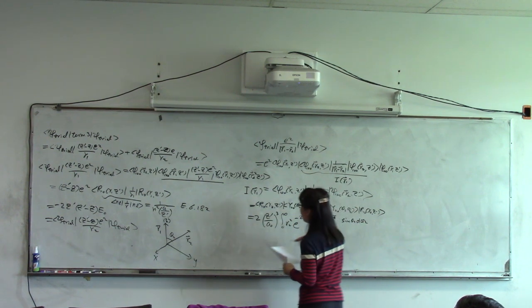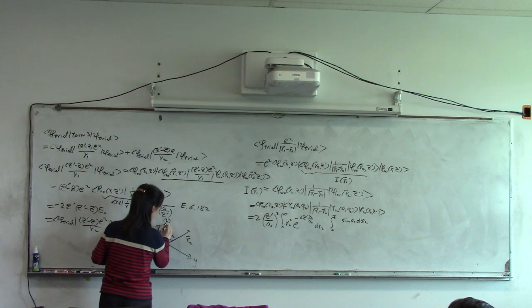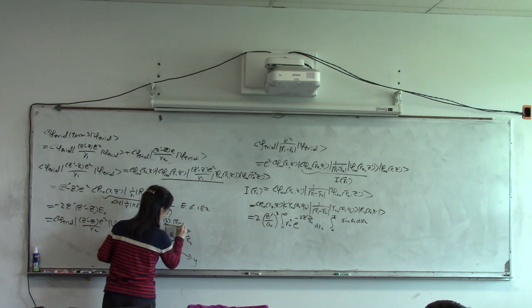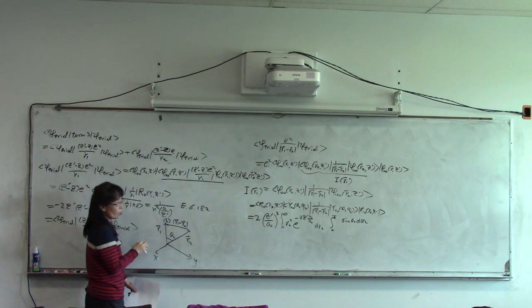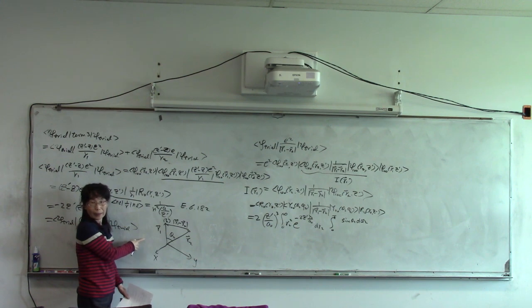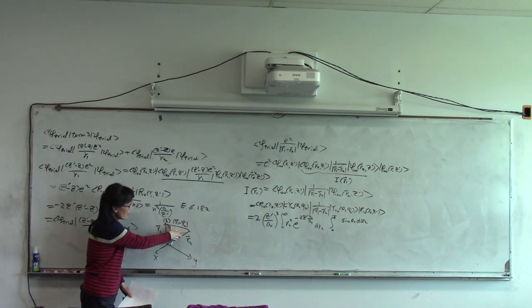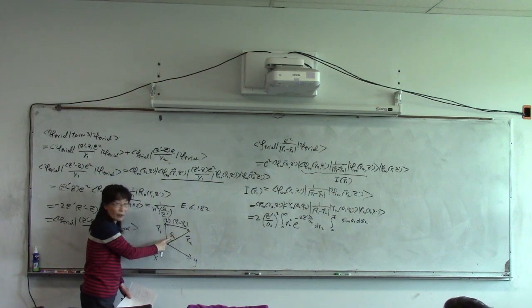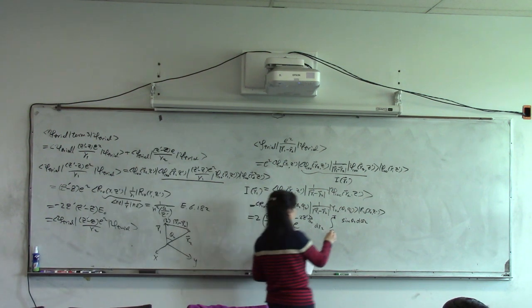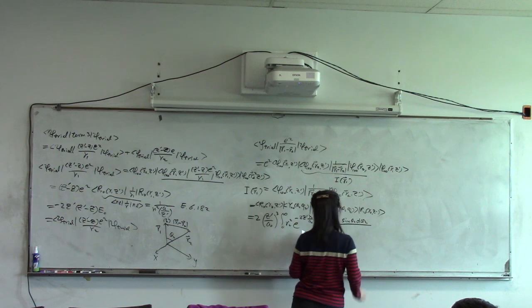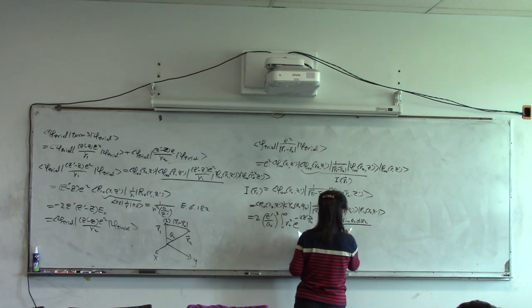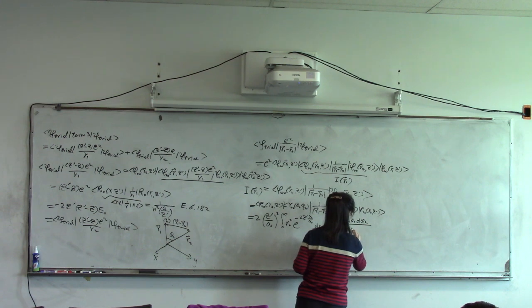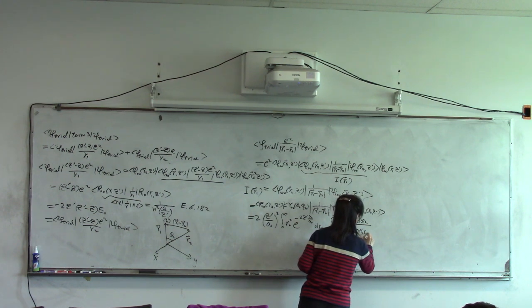And now for this one, you see, this is R1 minus R2, right? So we can use the law of cosines. This distance squared is this square plus this square minus 2 times the product of these, right? Remember that. So that is the square root of R1 square plus R2 square minus 2 R1 R2 cosine theta 2.